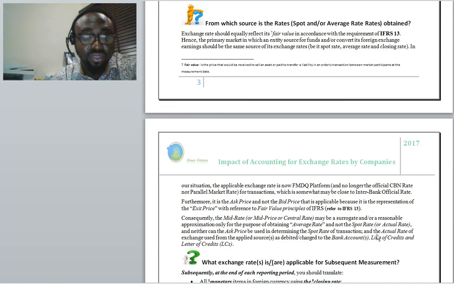But as we move on, it is the ask price and not the bid price that should be selected. What I mean is, if on the FMDQ platform, the bid price of Naira to dollar is 315 Naira, whereas the ask price is 318 Naira. As a company, you are buying from a dealer or from the financial institution, that's a bank in this case.